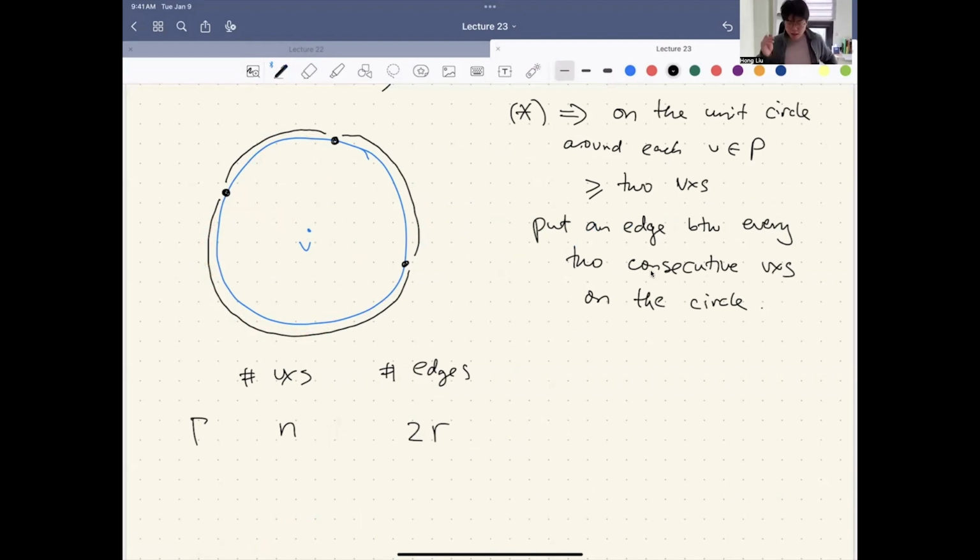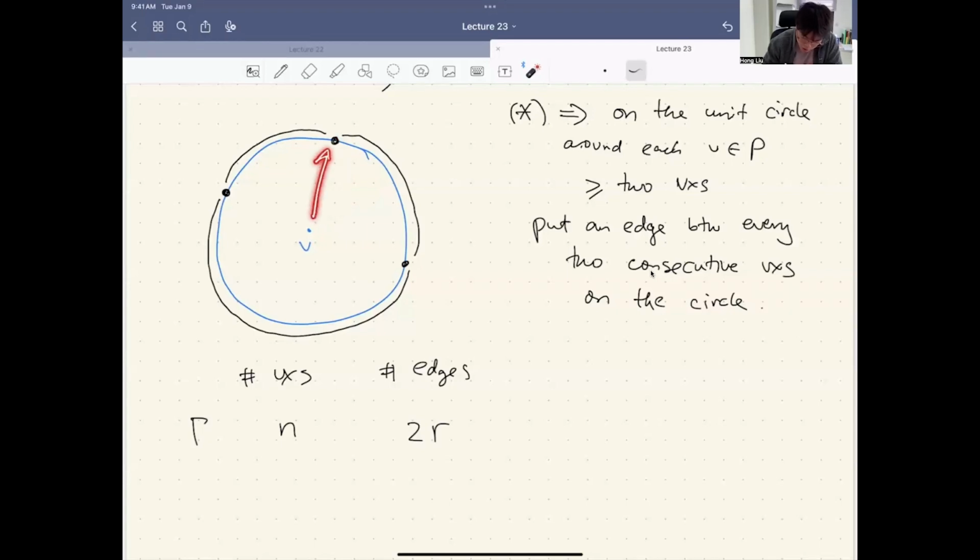Okay, this is how you can think of it. You can think of another directed graph D, where you put directed edges in both directions between a unit distance pair. So for a unit distance pair, you have two edges, this direction, that direction.